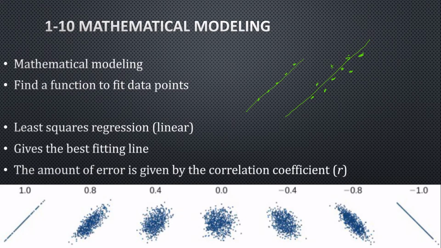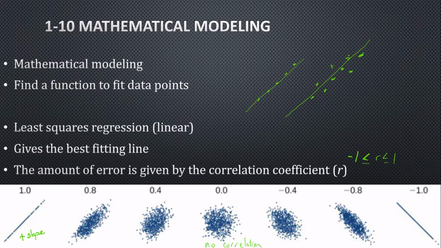If it's a perfectly straight line with a positive slope, it's +1 or close to that. The correlation coefficient is between -1 and +1. As the data gets more spread out, it goes closer and closer to 0. At 0, there is no correlation, no relationship between the x and the y.